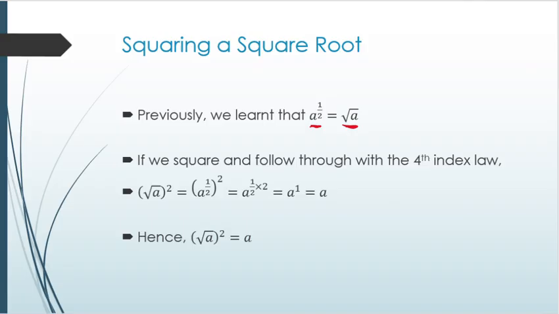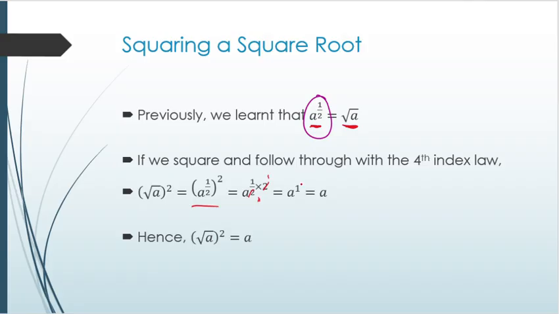So if you squared this specific one right here, circled in purple there, you can see that we can actually write it like this. And if we use the fourth index law, if you do remember, basically all you're doing is multiplying the powers. As you can see here, I have 1/2 times 2, and you can actually just cross cancel it, being 1 to 1. You end up with just 1 as your answer.